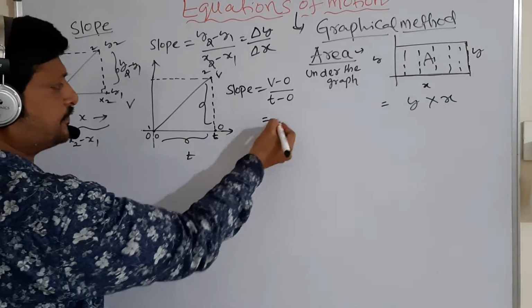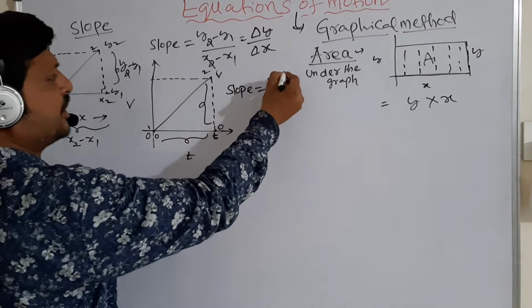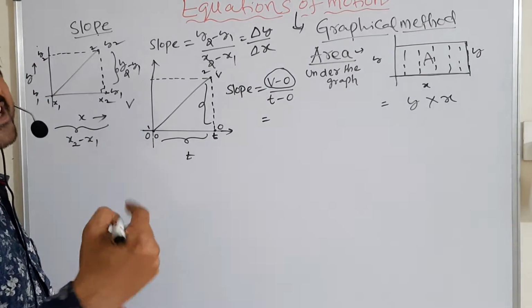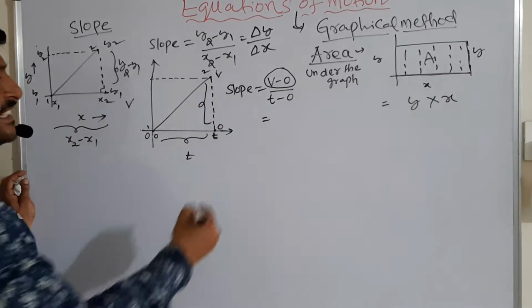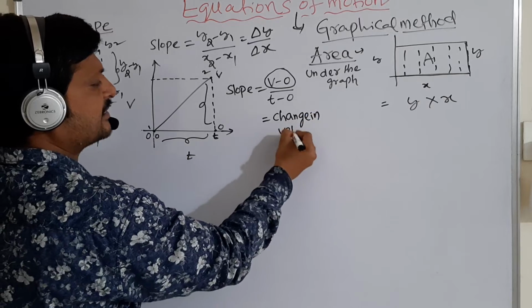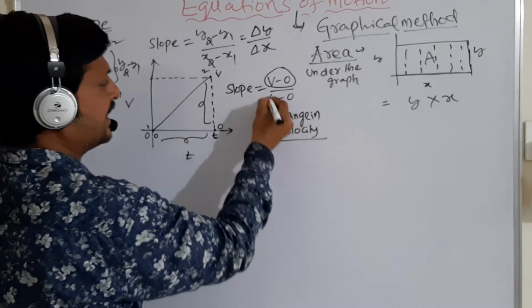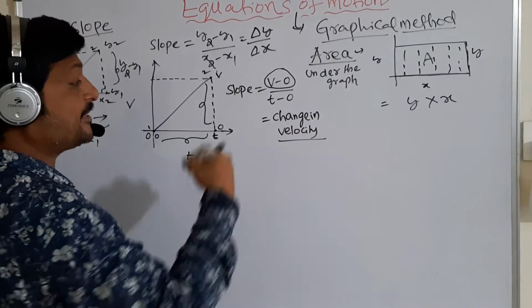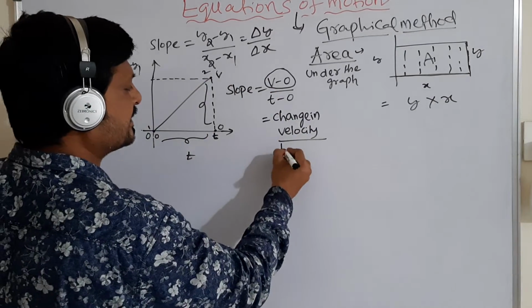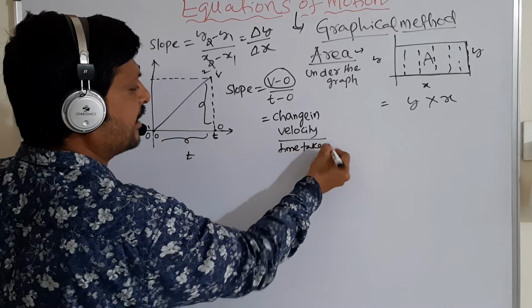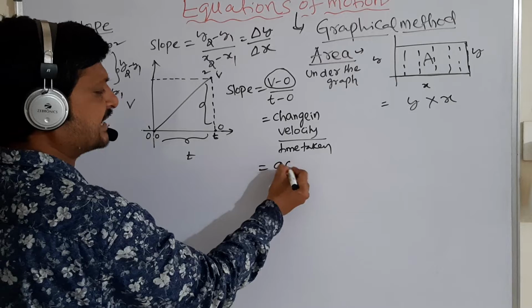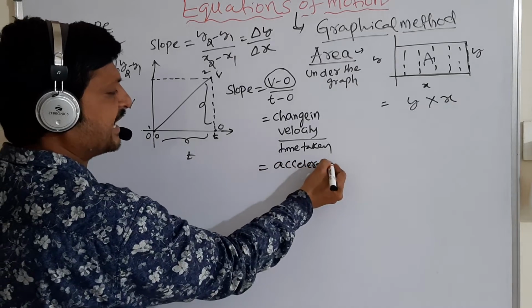So v minus 0 means change in velocity, divided by time taken, which is also the change in time. So change in velocity by time taken is nothing but acceleration.